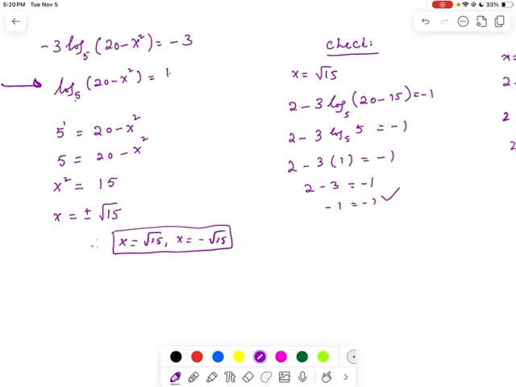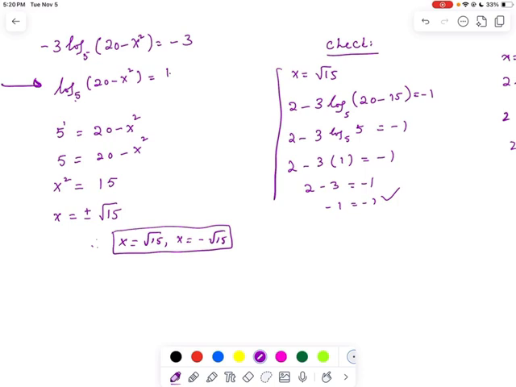We now check. I checked x equals square root of 15. Plugging into the original, it's 2 minus 3 log base 5 of 20 minus the square of square root of 15, which will give us just 15. And then 20 minus 15 is 5. So we end up getting 2 minus 3 log base 5 of 5 equals negative 1.